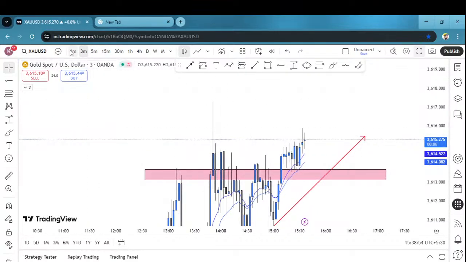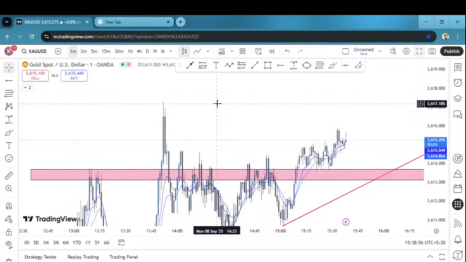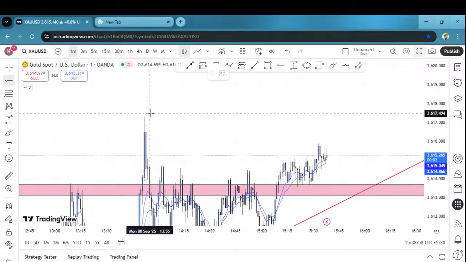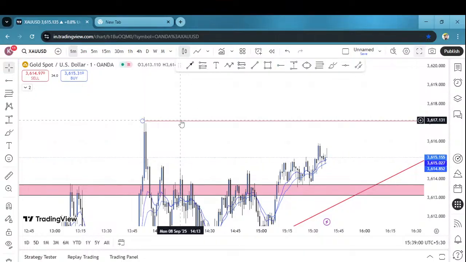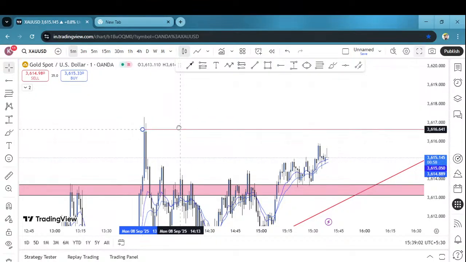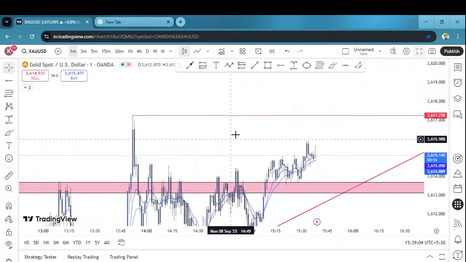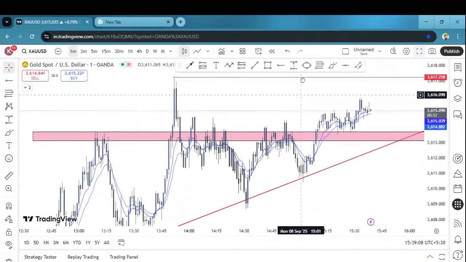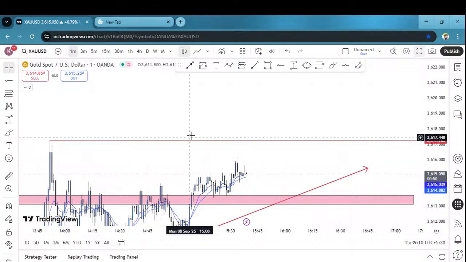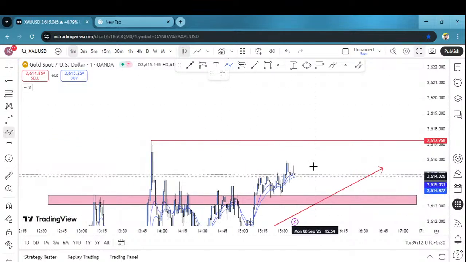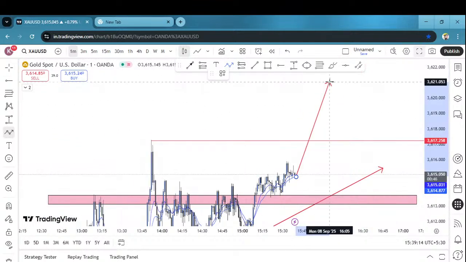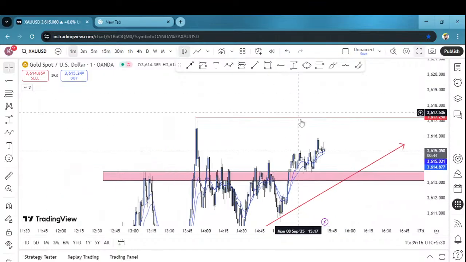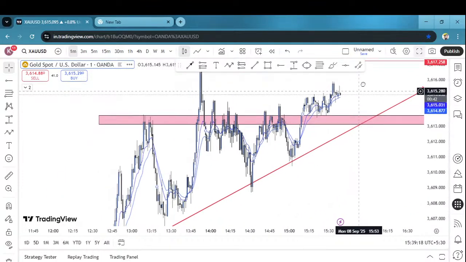You should watch. This is the gold's all-time high. Over here, the gold's all-time high, and I definitely expect it to get broken in the next few candles like this. It can easily happen.